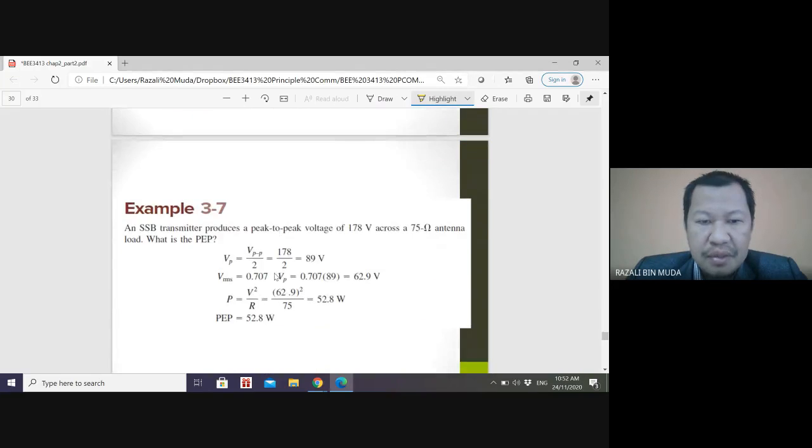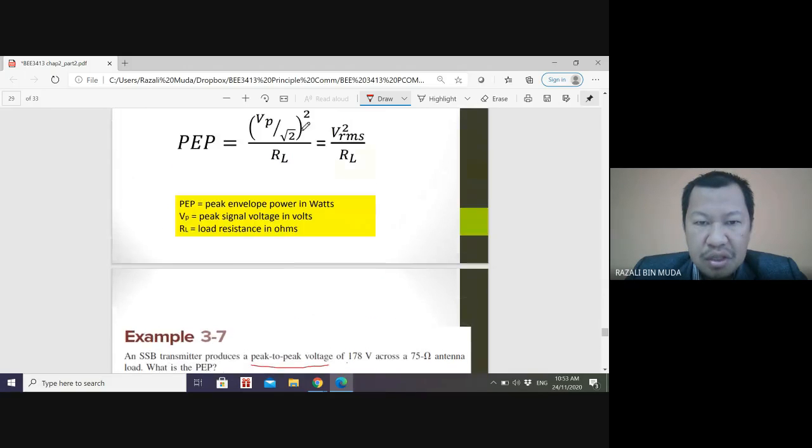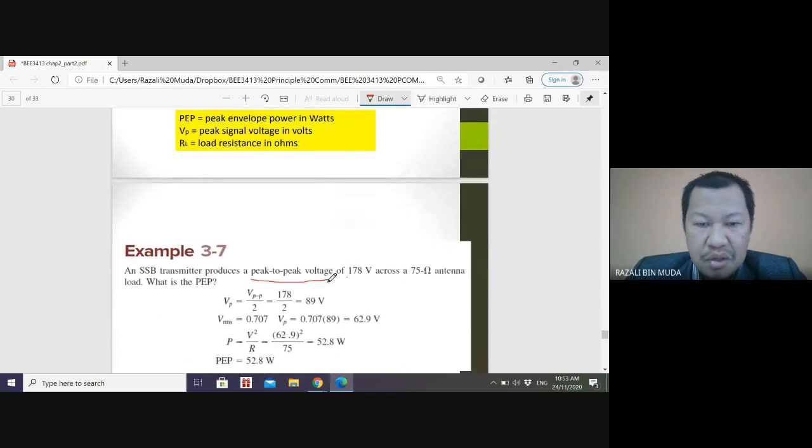Okay, you can try this example. An SSB single sideband transmitter produces a peak-to-peak voltage across a 75 ohm antenna. What is PEP? Now you have V peak-to-peak, but the equation needs V peak, so you need to divide this by 2 to get V peak.